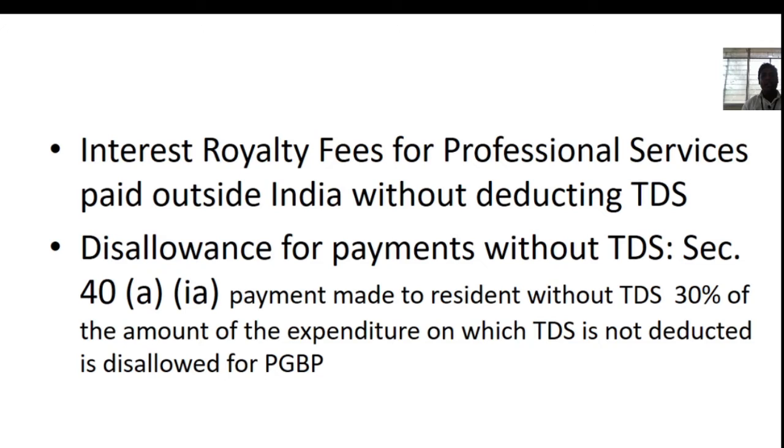Disallowance for payment without TDS, section 40A(1a): payment made to a resident without TDS, 30% of the amount of expenditure on which TDS is not deducted is disallowed for profits and gains of business or profession.